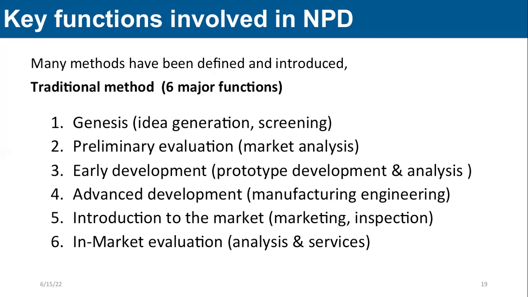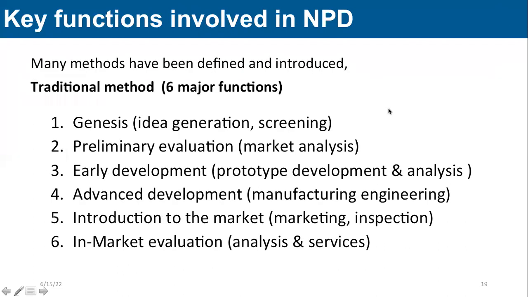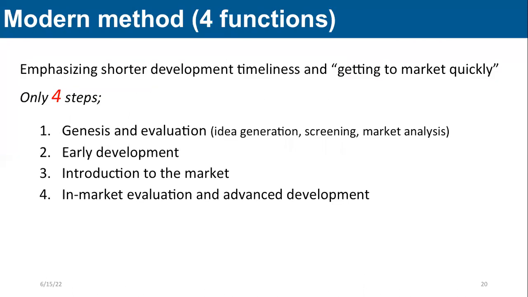But the new one, the modern one, has only 4 steps. What is the reason for that? Getting to market quickly, right? Those days we had the 6 steps, now we have only 4: Genesis and evaluation, early development, introduction to the market and in-market evaluation, and advanced development.